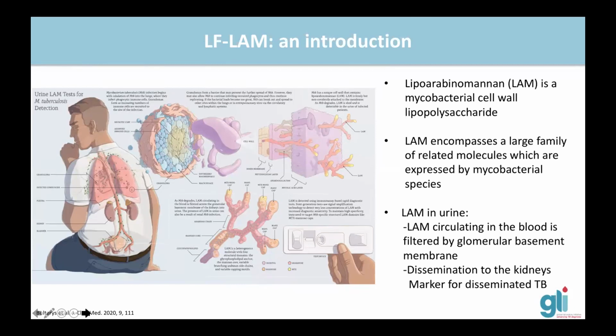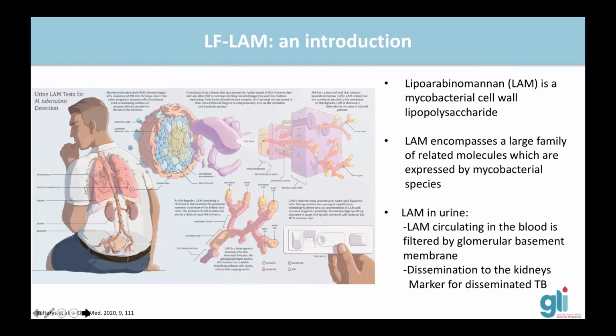The other important thing to highlight here, as Kathleen already mentioned, is that the evidence shows that the concentration of LAM in urine is higher in patients who are TB and HIV co-infected. The biological reasons for this are not fully understood. One hypothesis is that, due to immunosuppression in TB/HIV co-infected patients, there is a higher bacterial load and, as a consequence, a higher concentration of LAM in the urine.